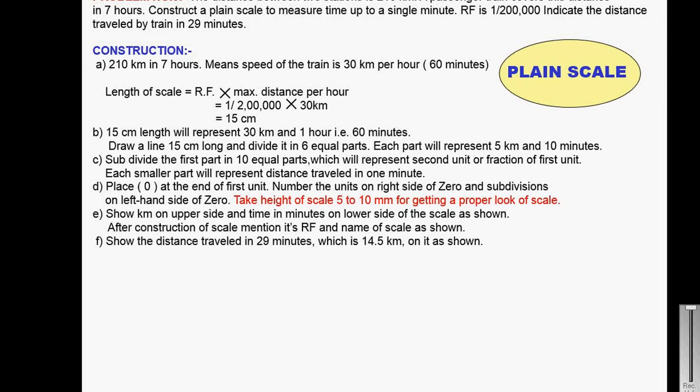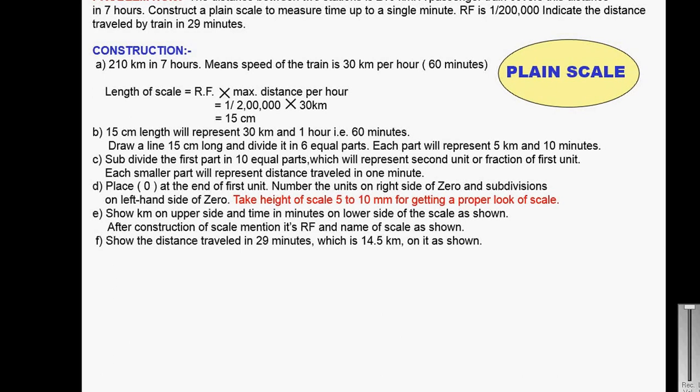So first of all, we calculate the mean speed of the train. So the distance is 210 kilometer, and the time is 7 hours. So we know the equation, speed is equal to distance by time.